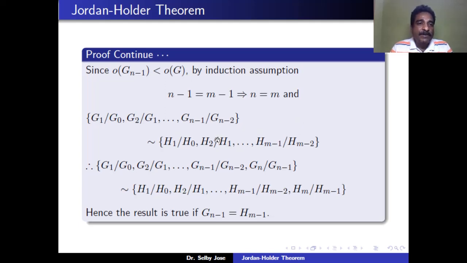Still there is a 1-1 correspondence between this set and this set, because there is a 1-1 correspondence between the earlier two sets and the corresponding factors are isomorphic. Therefore, adding the same factor at the end of both the lists, there is a 1-1 correspondence between both these sets and the corresponding factors are isomorphic. Therefore, the result is true if Gn-1 and Hm-1 are the same.